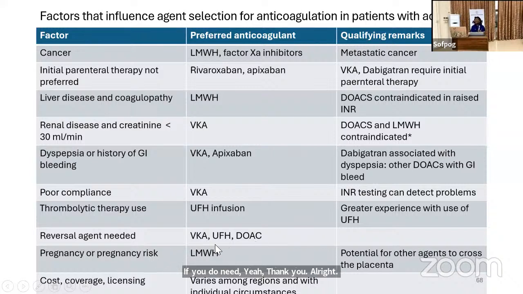In pregnancy, you use either low molecular weight heparin or unfractionated heparin, because there's a potential for the other medications to be harmful. And then cost, coverage and licensing can be a problem, and you need to look at where you are from. If you're in Accra, maybe you have more access, and more people will be able to afford certain medications compared with people in other parts.